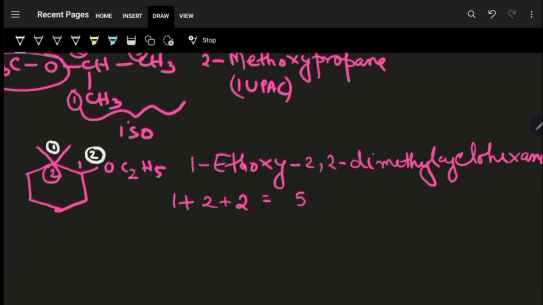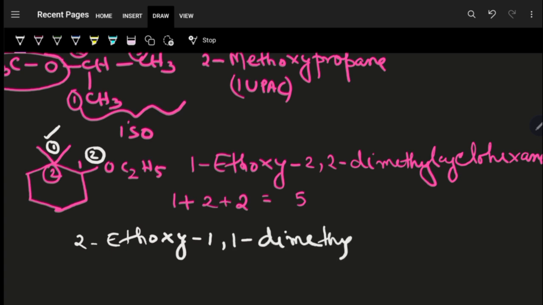The name becomes 2-ethoxy, and then at carbon number 1 there are 2 methyl for this way of numbering, so 2-ethoxy-1,1-dimethylcyclohexane. Since you are taking cyclohexane as the parent, this way of numbering is allowed.